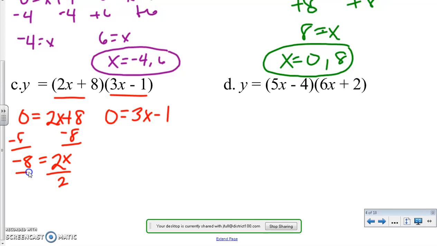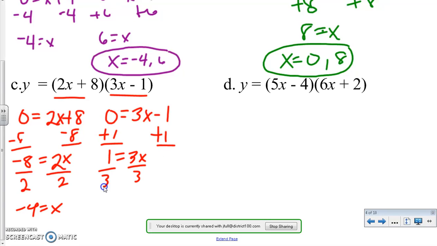Then divide by 2 on both sides, we get negative 4 equals x. For the second one, we're going to add 1 to both sides, so we get 1 equals 3x. Then we're going to divide by 3. Since we can't divide 1 by 3, we're going to leave it as 1/3. So my two answers for this one are negative 4 and 1/3.